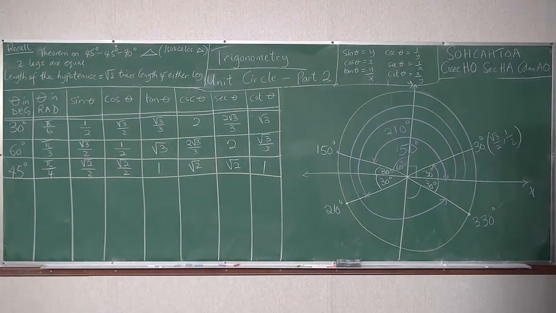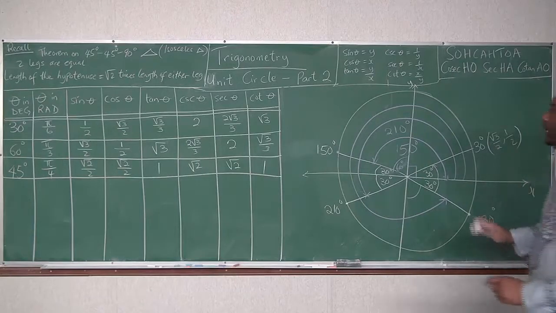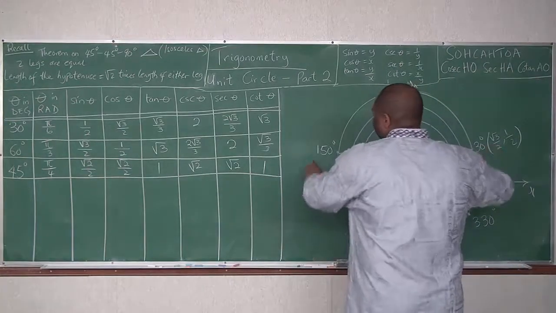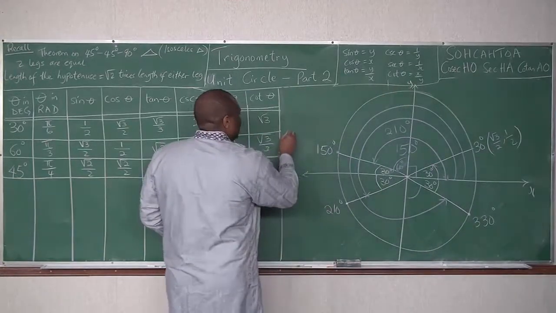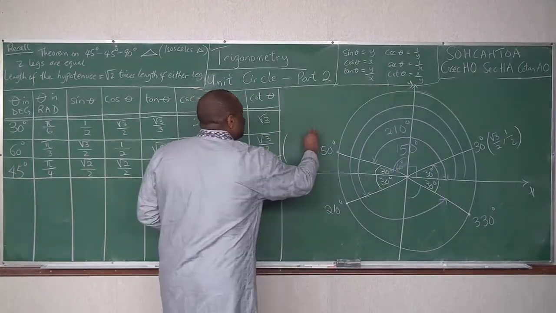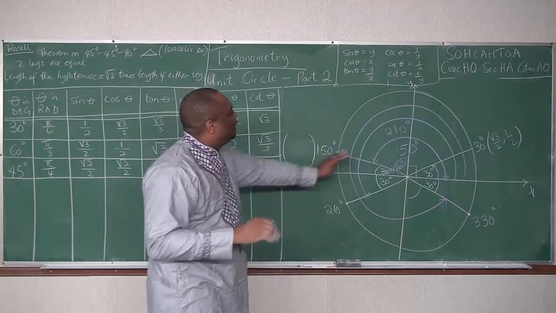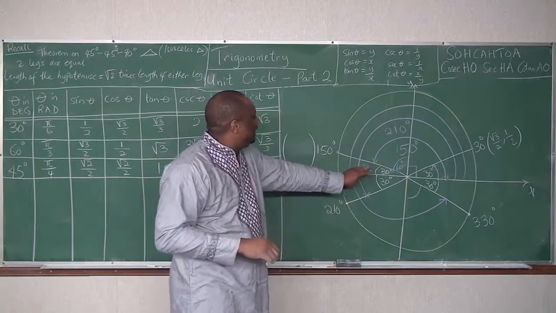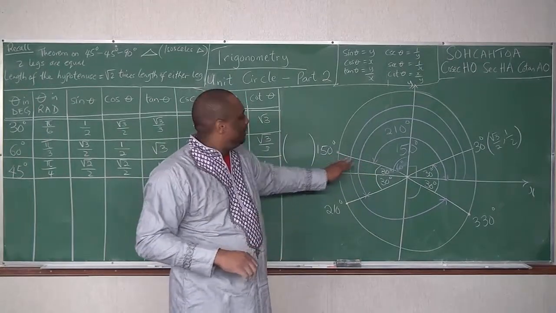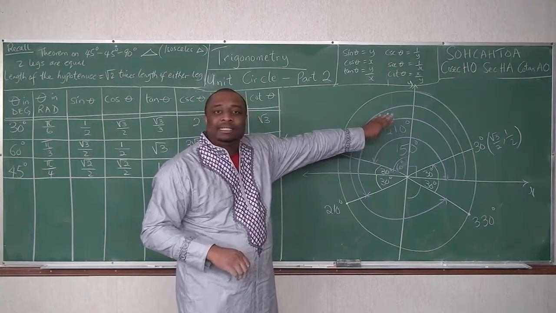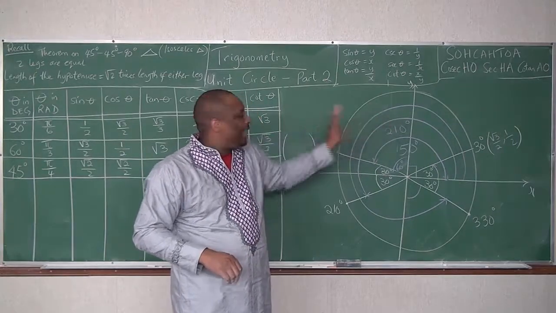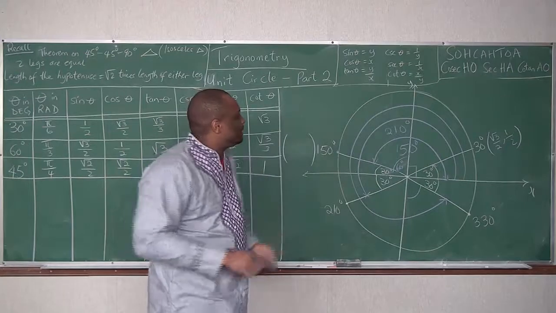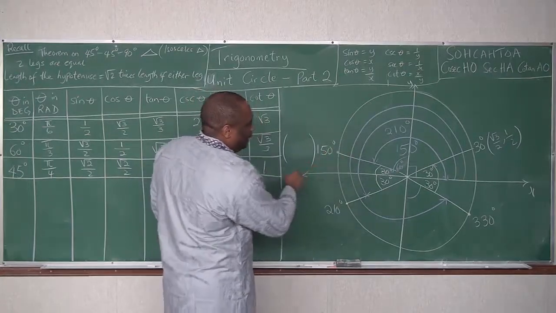You want to simplify this now. You can now do that. In this case, the reference angle is the same. The only thing here is that x is negative, but y is positive.